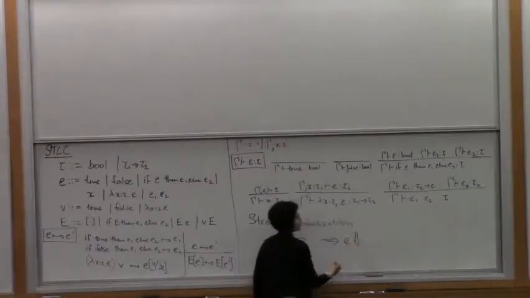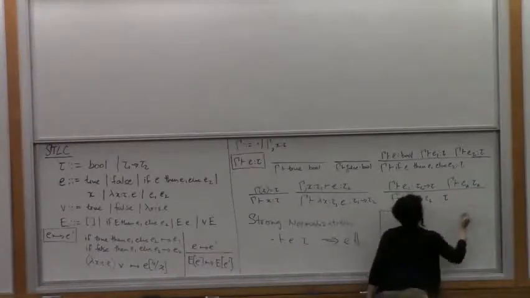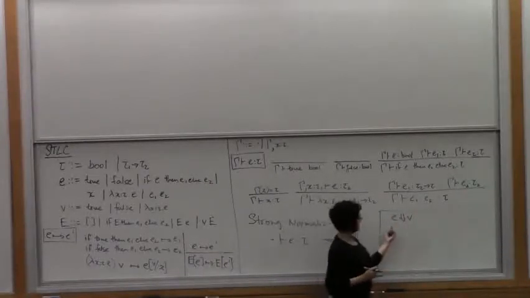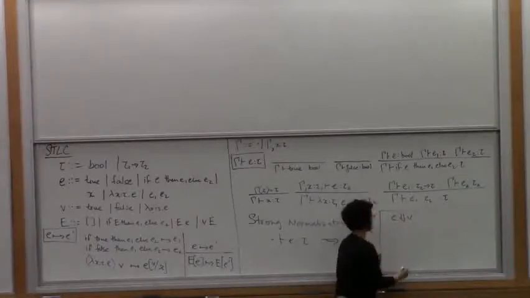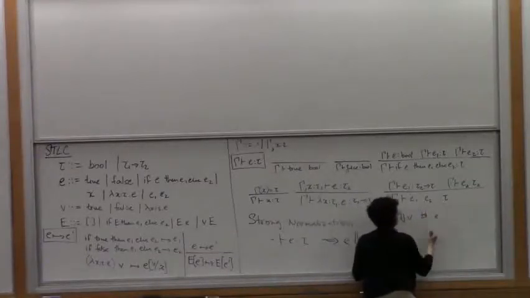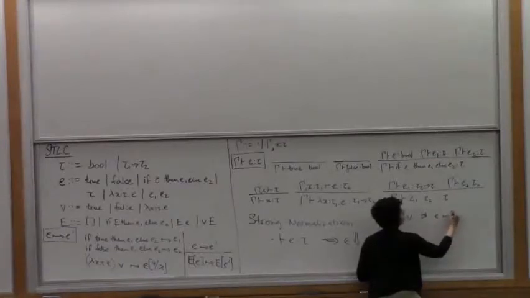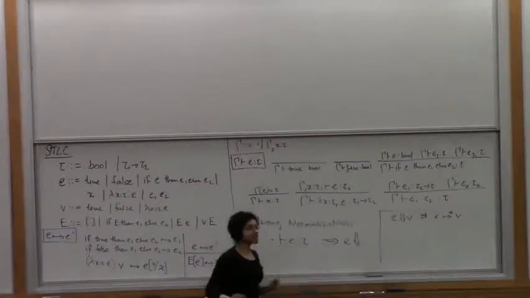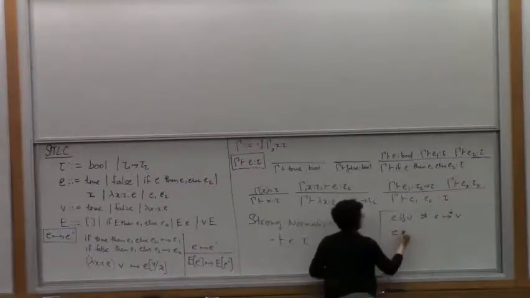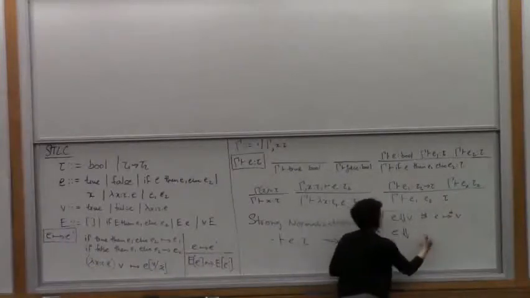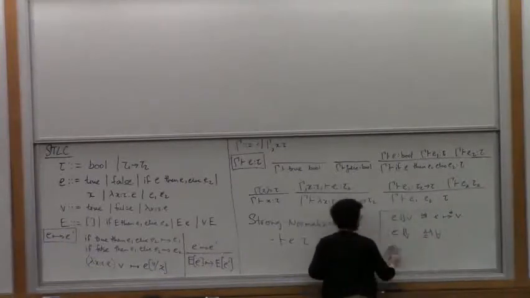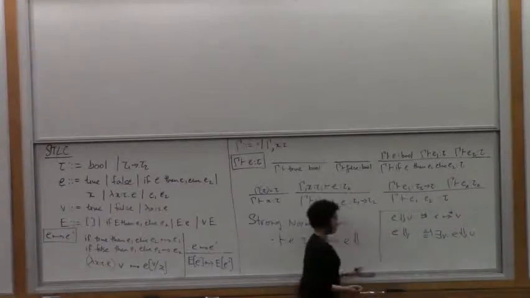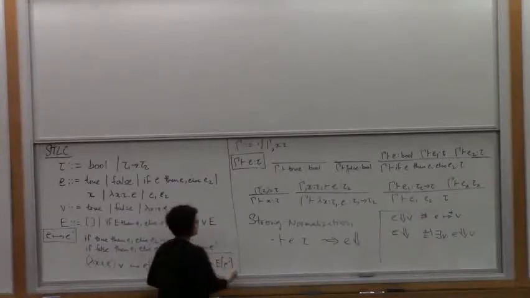Let me define some abbreviations. This notation means that E evaluates all the way to a value V; it's just another way of writing that E takes a whole bunch of steps and gets to value V. And if I write this and omit the V, it means that there exists a value V such that E evaluates to V. So here's the theorem that we want.